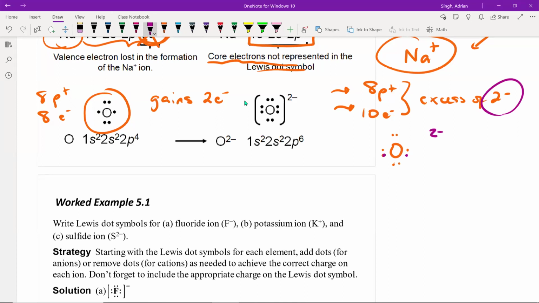If you have a Lewis dot symbol with a charge, you have to put that in square brackets like so. Okay, that's the notation that we use. I know this doesn't look like square brackets here, but that's what they're supposed to be. Okay, that's the notation for writing the Lewis dot symbol for these ions, and specifically now this negative ion, this anion that has a charge on it.